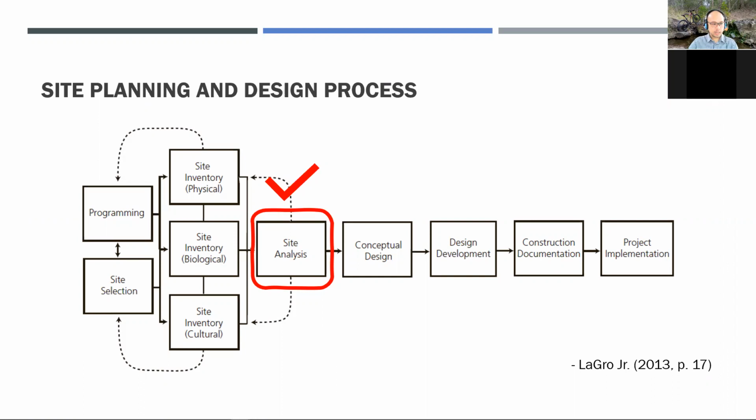Over the last few weeks, we've discussed programming and site selection, and we've spent some time extensively discussing site inventory, both the inventory of physical, biological, and cultural attributes of a site. This week we'll try and put them all together and put them through the process of site analysis.